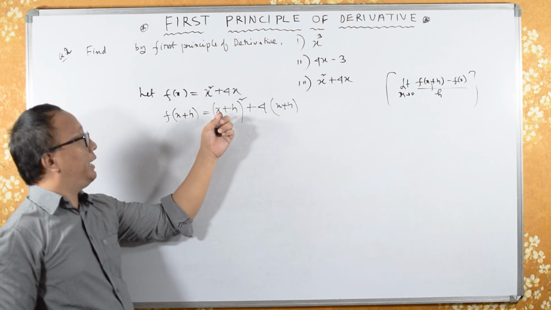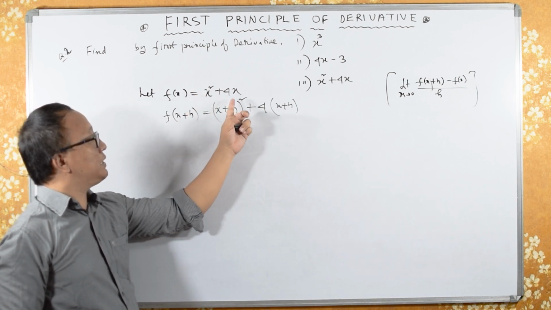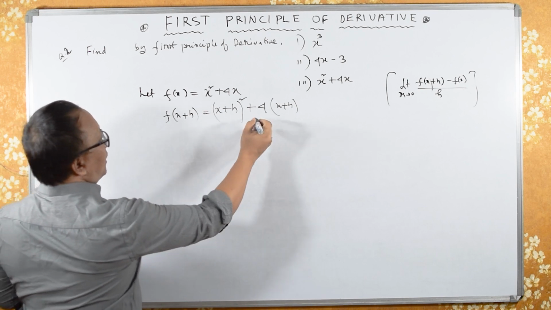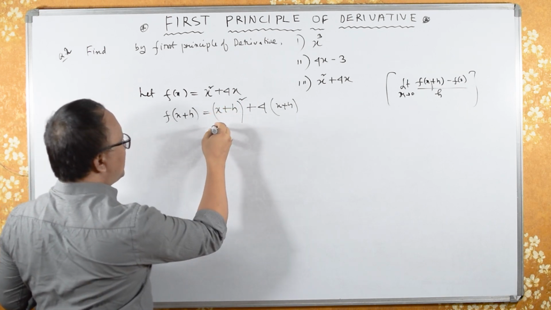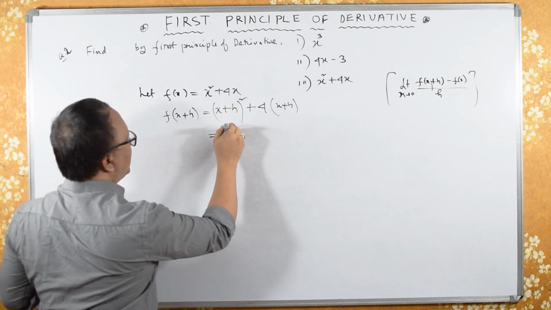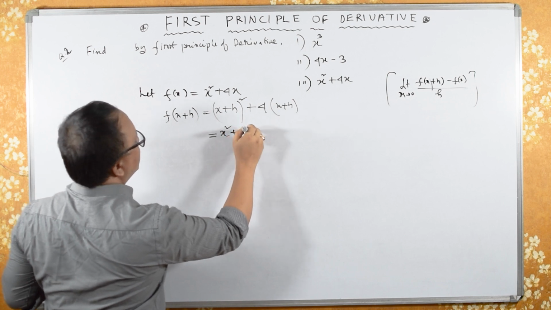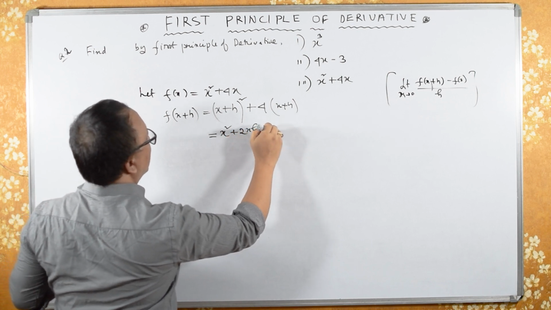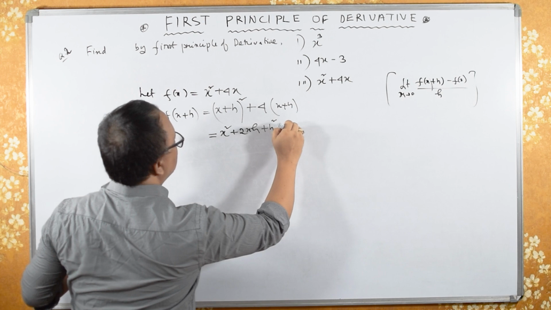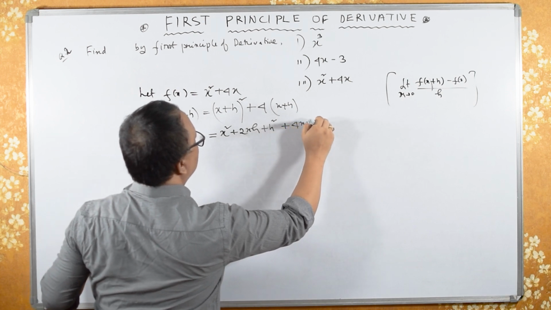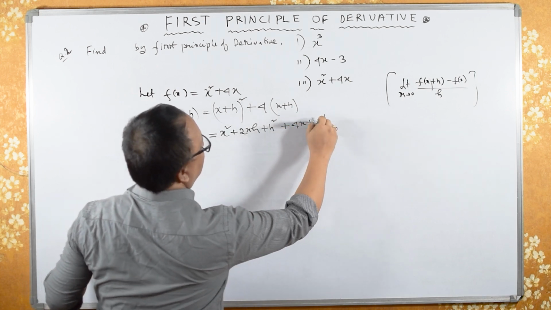Now expand one step. Here (a plus b) the whole square is a square plus 2xh plus h square, plus 4x plus 4h.